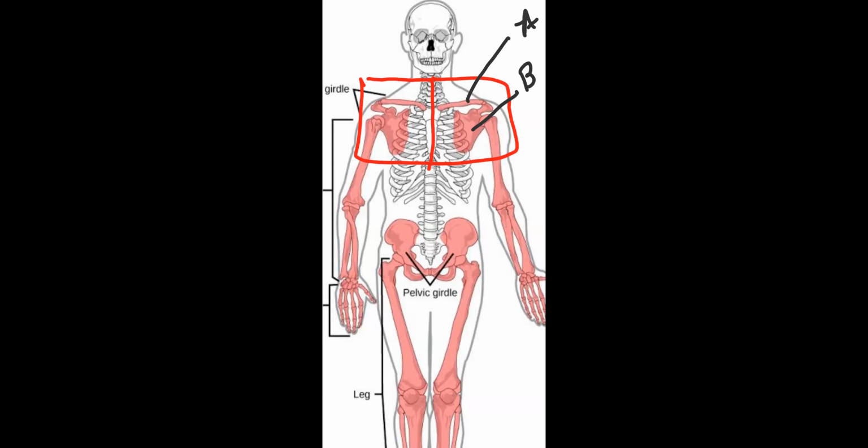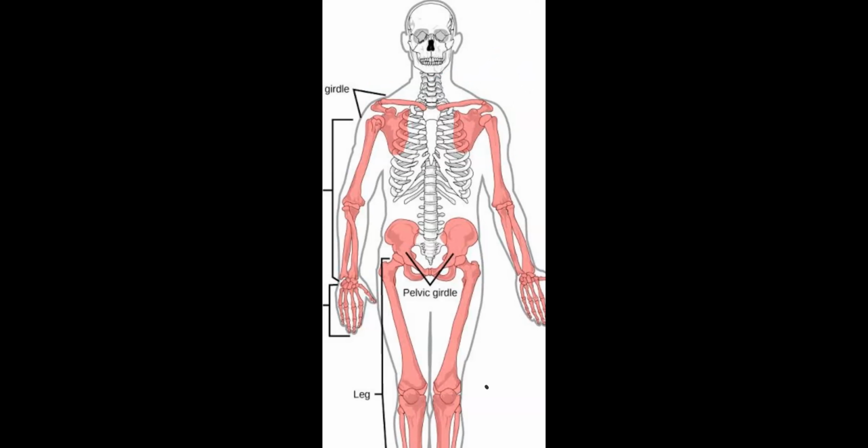Let's go to the next one. Hip girdle, that is called the pelvic girdle. This is the pelvic girdle, which will articulate the axial skeleton and hind limbs.